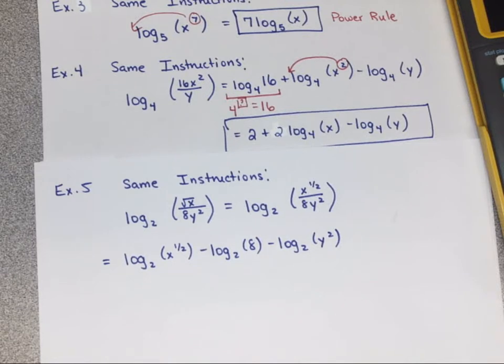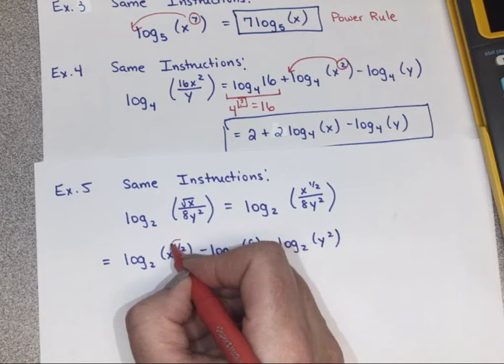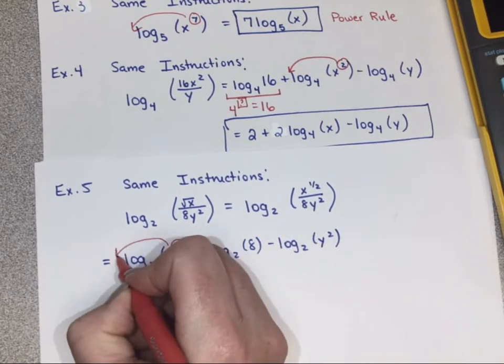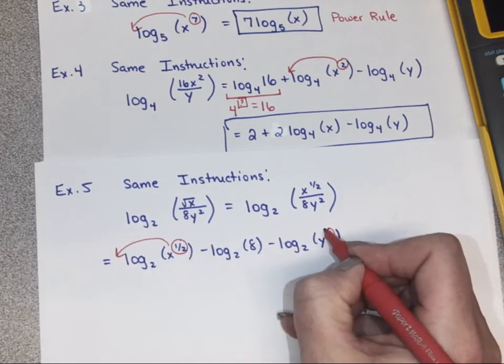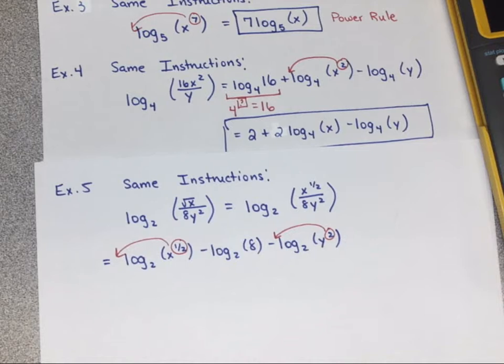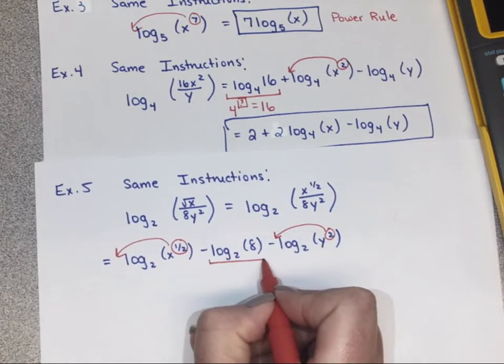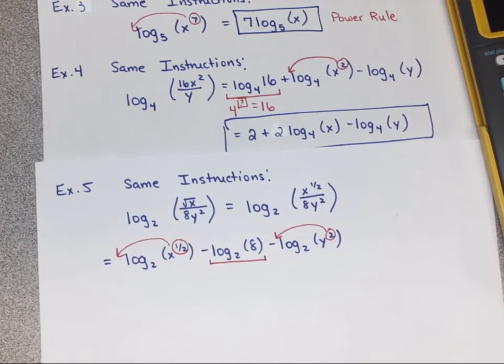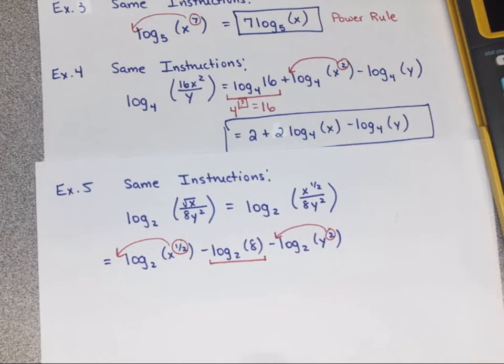Okay. So now I need to maybe use my power rule to bring this to the front of this guy. And then this can be evaluated. Y'all tell me what it is. What is the log base 2 of 8? It is 3. And how did we get 3?